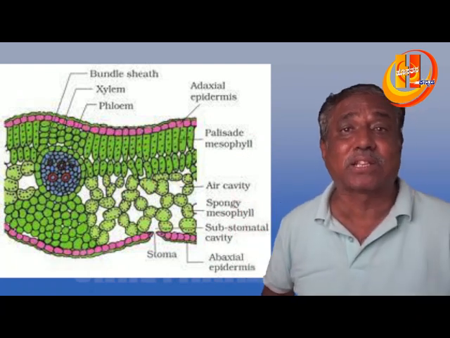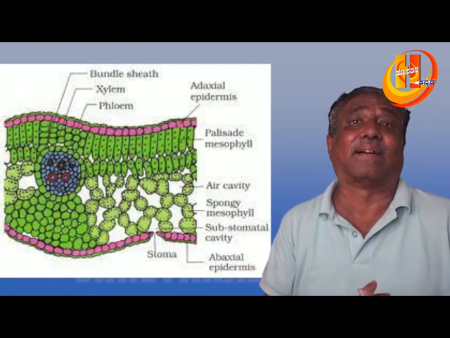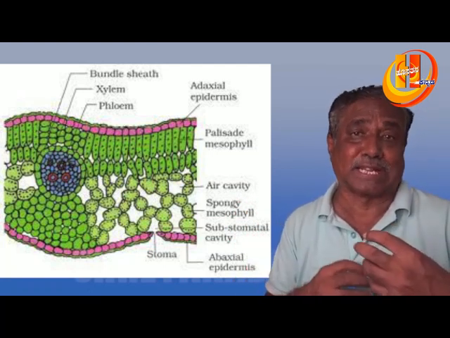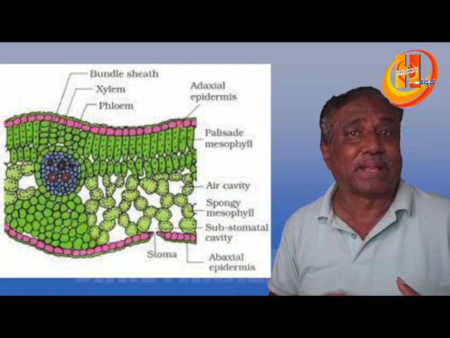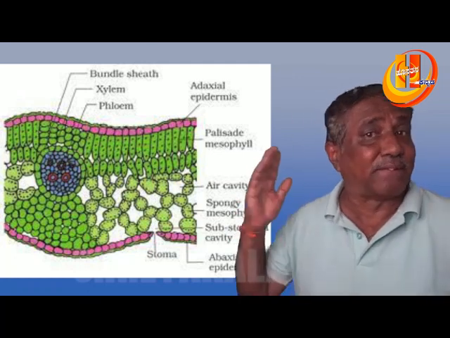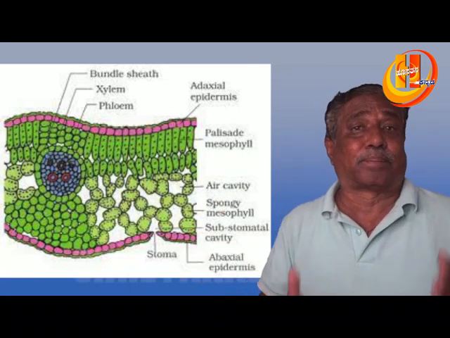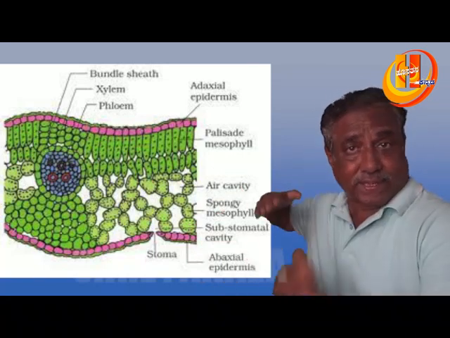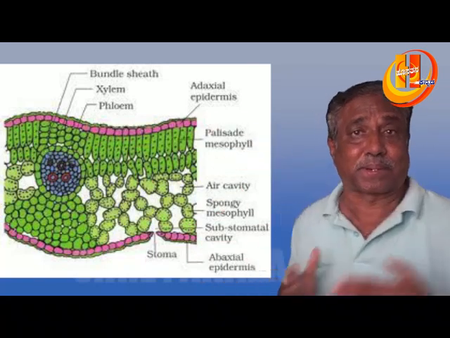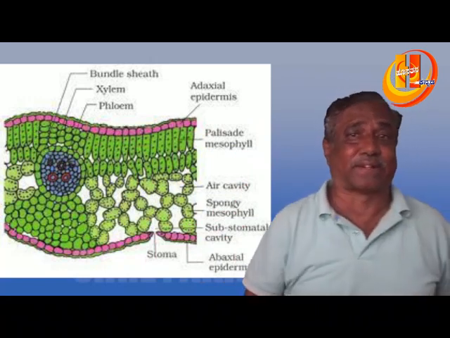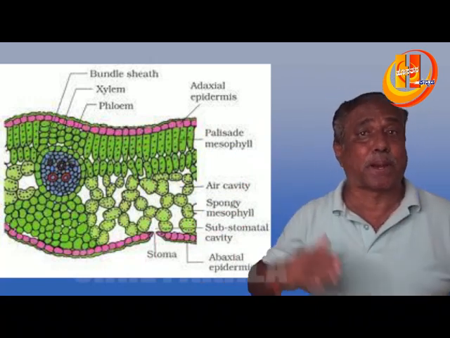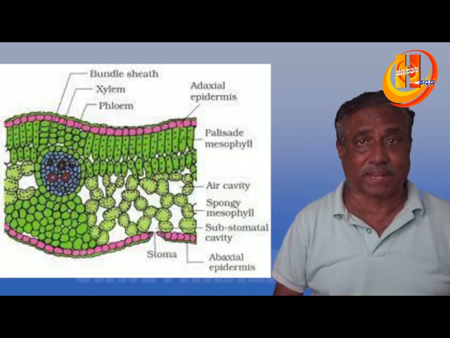And the lower spongy parenchyma cells are more or less oval in shape and contain less number of chloroplasts when compared to the palisade parenchyma. Thus, the mesophyll in case of the Dicot leaf is differentiated into upper palisade parenchyma and lower spongy parenchyma.